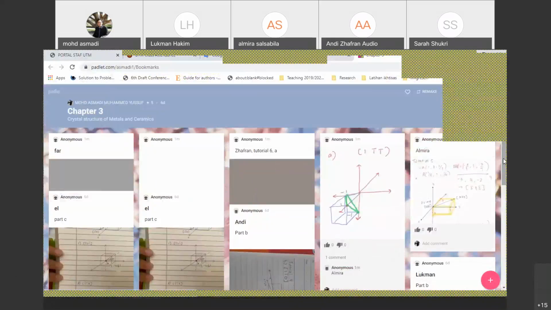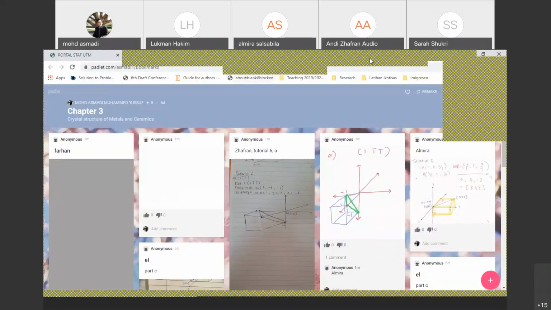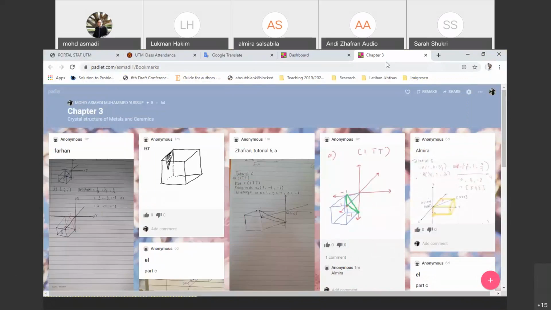If you look here, the Miller indices are 1, 2, 1, right? So the next step, after number 1, is taking the reciprocal. Reciprocal means 1 divided by 1.